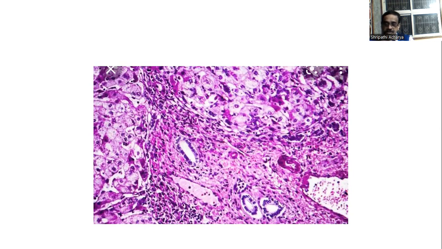Number 6, cardiac cirrhosis. Number 7 is idiopathic cirrhosis, we don't know the cause. And number 8 is cryptogenic cirrhosis. We don't know what is the actual cause of cirrhosis. Syphilis also causes this. These are the common types of cirrhosis.